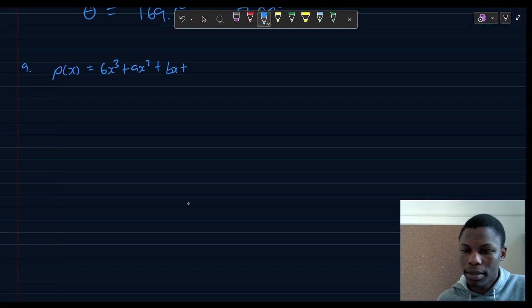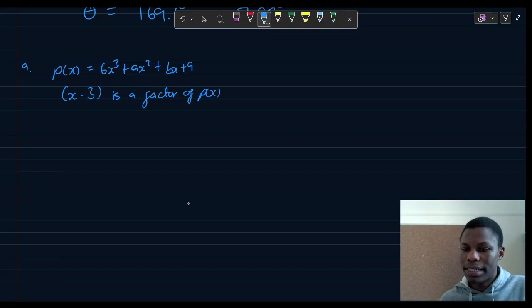Number 9. The polynomial 6x cubed plus ax squared plus bx plus 9 is denoted by p of x. So we're given that p of x is 6x cubed plus ax squared plus bx plus 9, where a and b are constants. Okay. It is given that x minus 3 is a factor of p of x.